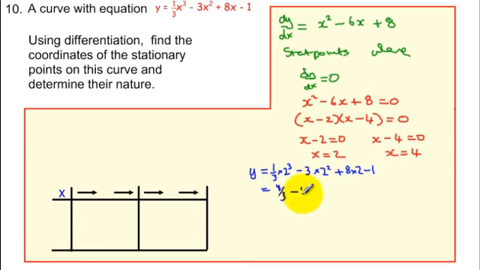Minus 3 times 4 is 12, plus 8 times 2 is 16, and minus 1 at the end. And this gives us 5 and 2/3. So our first stationary point is 2, 5 and 2/3.